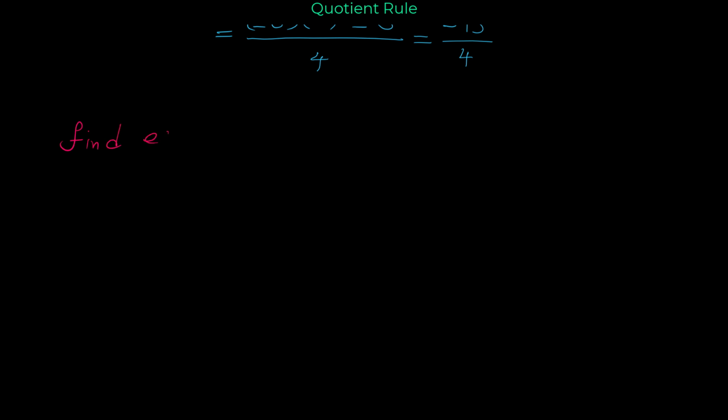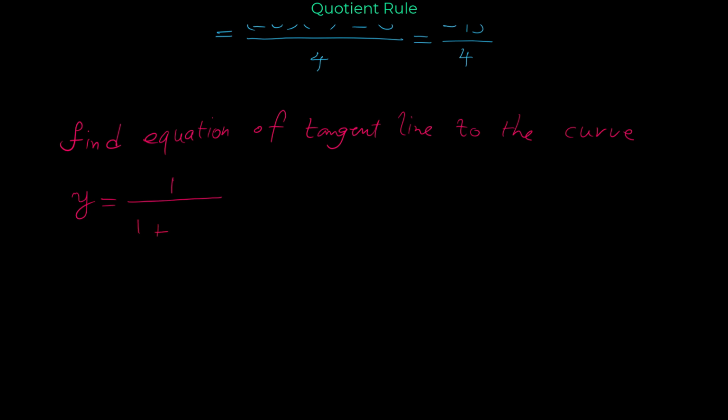Find the equation of tangent line to the curve y equals 1 over 1 plus x to the 2 at x equal 1. We want to find the equation of tangent line to this given curve when x equals 1.